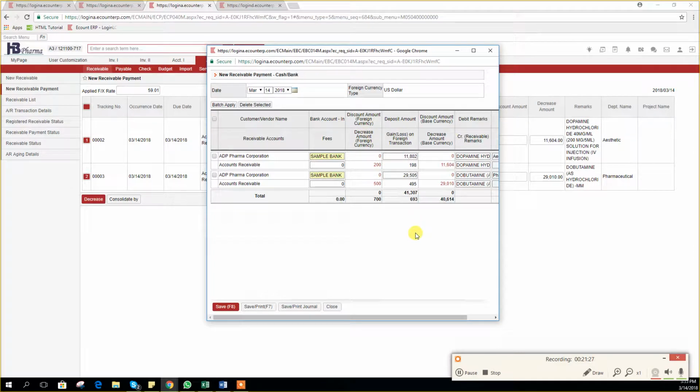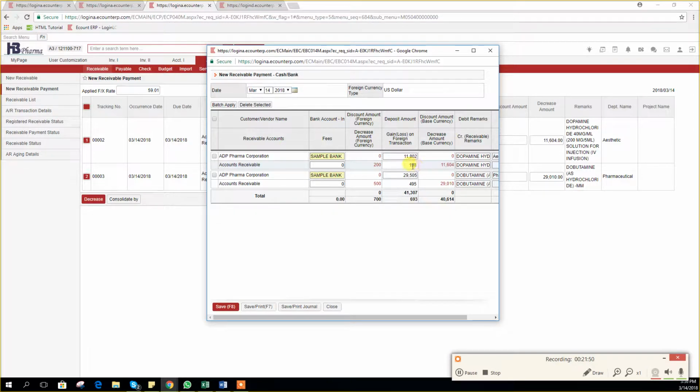So what is going to be your gain? You gain 198. This is in the domestic currency. This is what you gain from the foreign currency transaction between the invoice and when you receive payment.